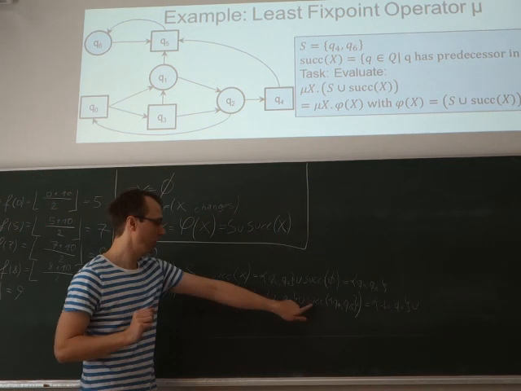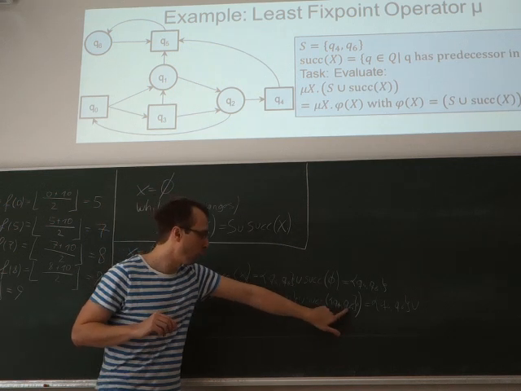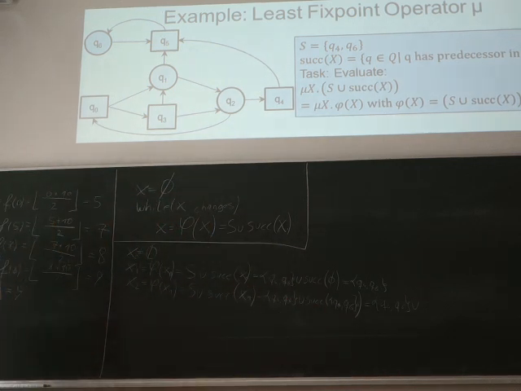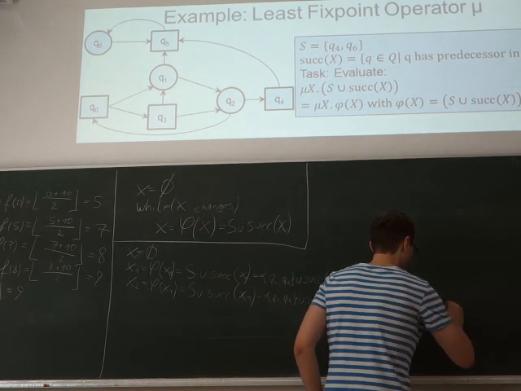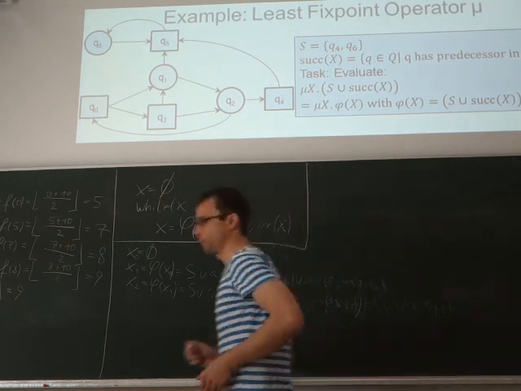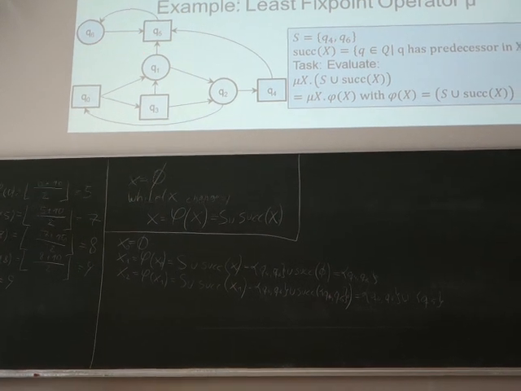Now, more difficult part. What is the set of successors of 4 and 6? Q5. Sorry? Q5. 4 and 6 is only Q5. Let's write it down and then think of it. Yes, Q5 is the only successor of either 4 or 6, because the only successor of 4 is 5 and the only successor of 6 is 5.